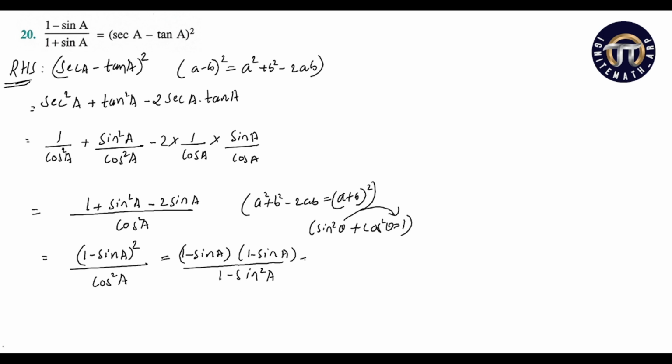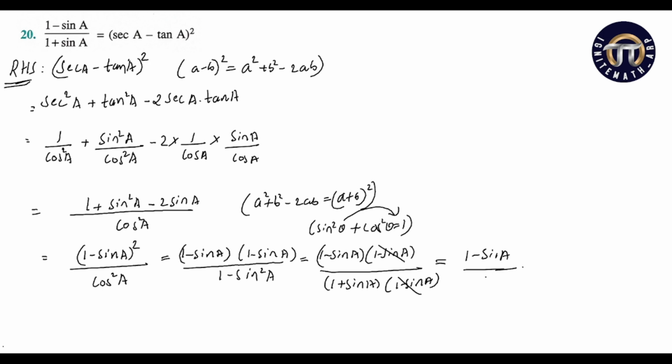Now the denominator again looks like a square minus b square, which is a plus b, a minus b. So 1 plus sine A, 1 minus sine A. So one factor of 1 minus sine A will get cancelled, and I'll be left with 1 minus sine A divided by 1 plus sine A.